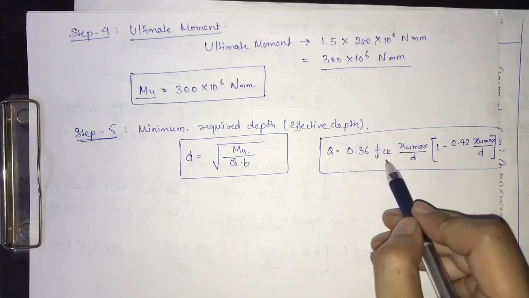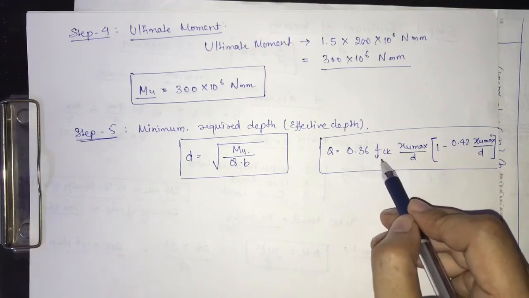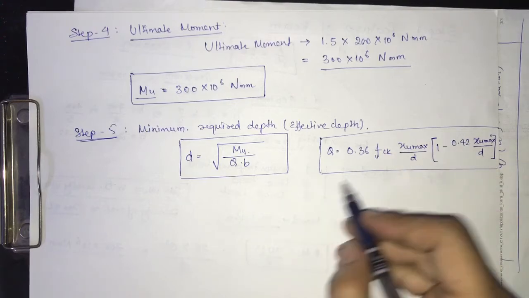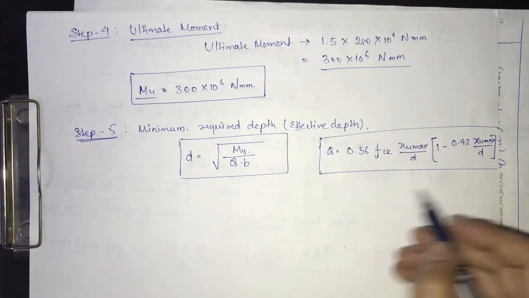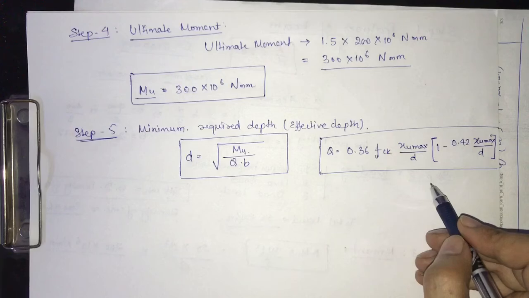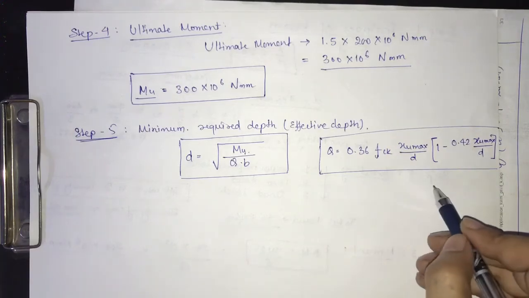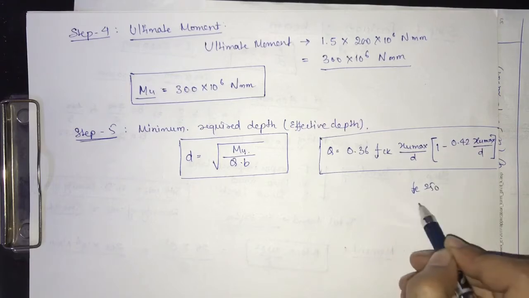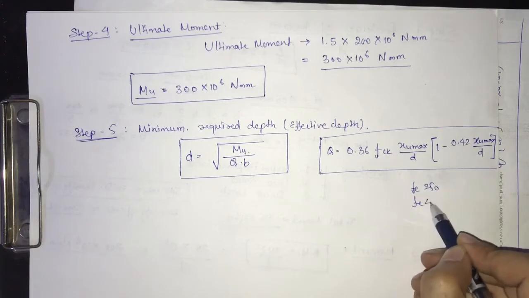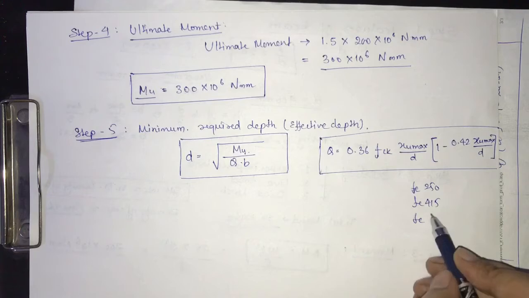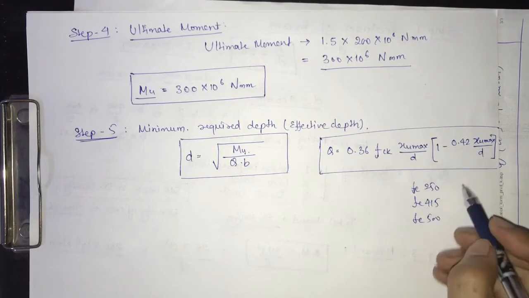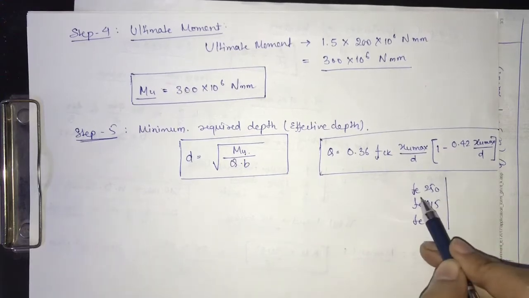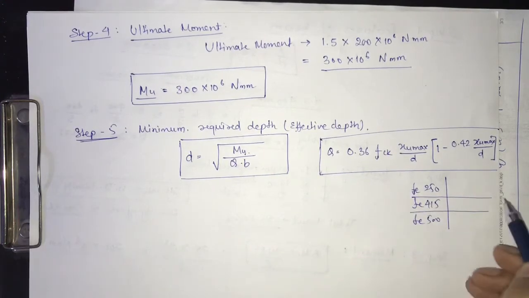In this formula, fck is the characteristic strength of concrete and xu max by d is the constant which depends upon the type of steel. In RCC structures, we generally use three types of steel, which are Fe 250, Fe 415 and Fe 500. And the value of xu max by d is different for all these three types of steel.